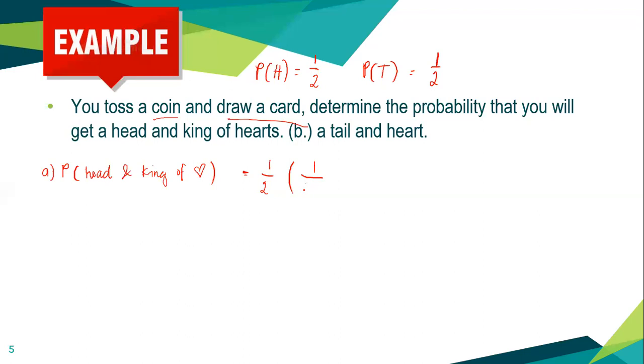So we have the probability of king of hearts is 1/52. And solving this equation, 1/2 times 1/52 will give us an answer equal to 1/104. And that is the probability of getting a head and the king of hearts in tossing a coin and drawing a card.